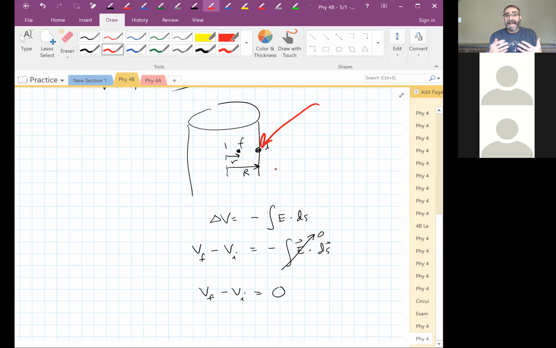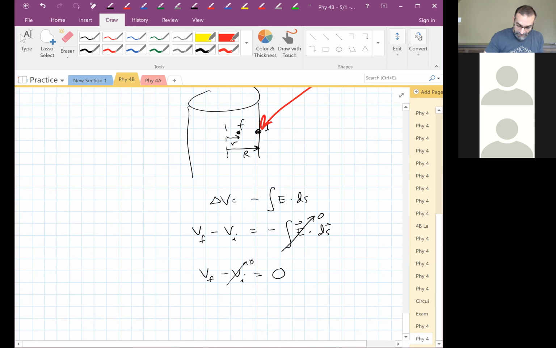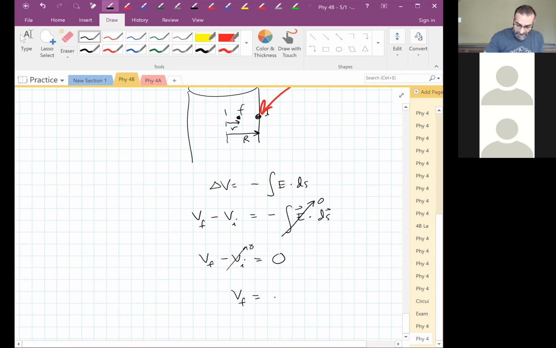So it just happens, in this case, to be 0 at the surface. So because this is 0, then V final is also 0. But V does not have to be 0 inside of a conductor or any place where the electric field is 0. It just has to be constant. Delta V has to be 0. Okay.